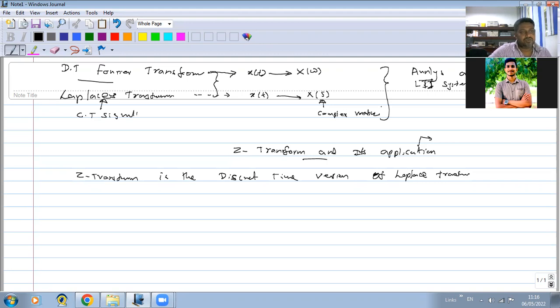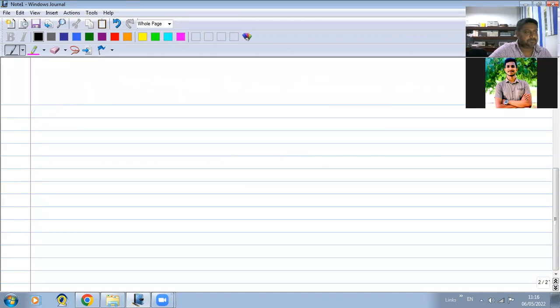We will see how we can analyze and design LTI systems using the Z transform. Before that, we have to get the idea of how we perform the Z transformation and how we perform the inverse Z transformation. So we will see.